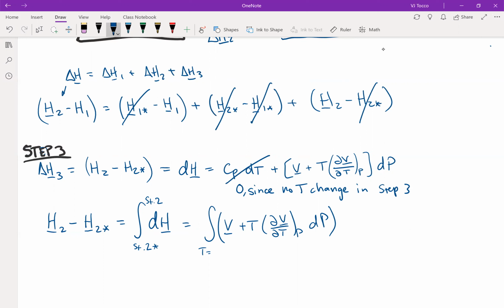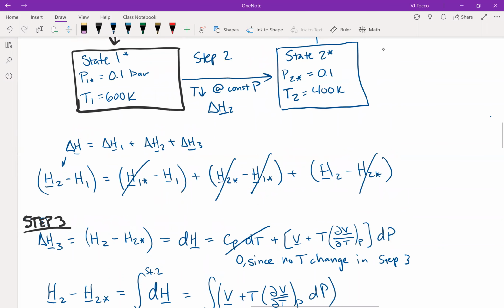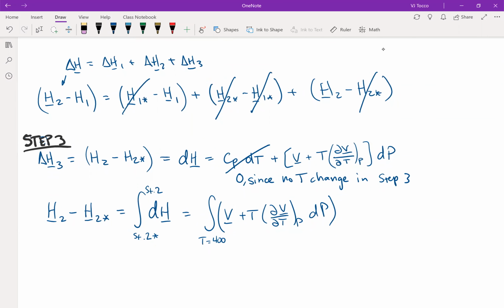State 2 is on the top, state 2 star is on the bottom. So 2 star is T equal to 400 K. What was my temperature? 400 K. And P is equal to 0.1 bar. And T is equal to 400 K, P is equal to 2 bar.